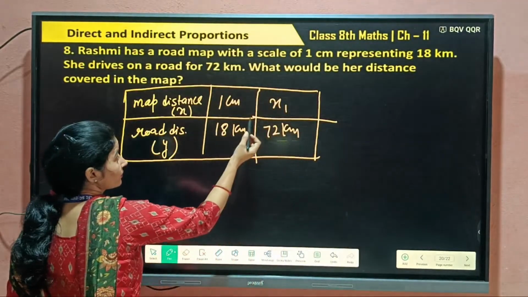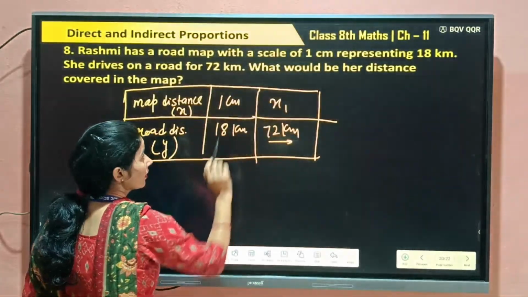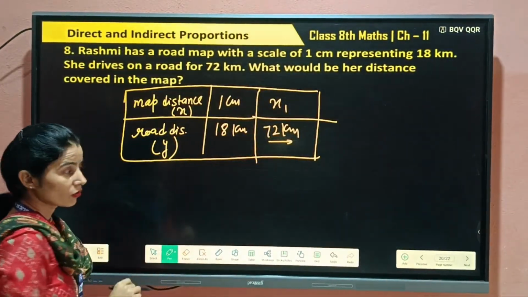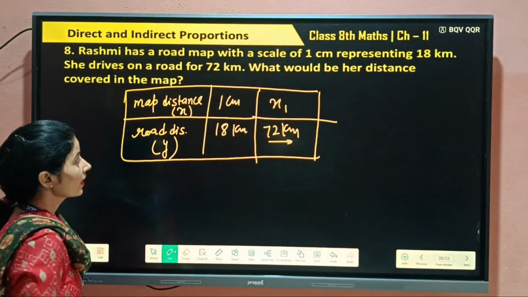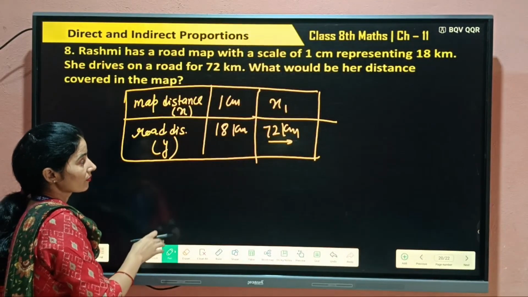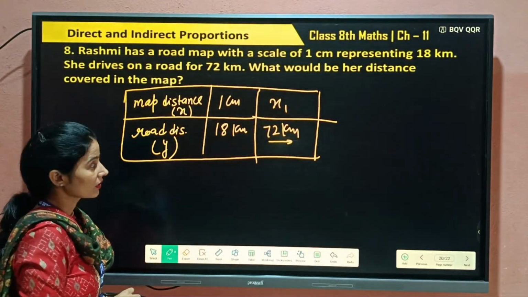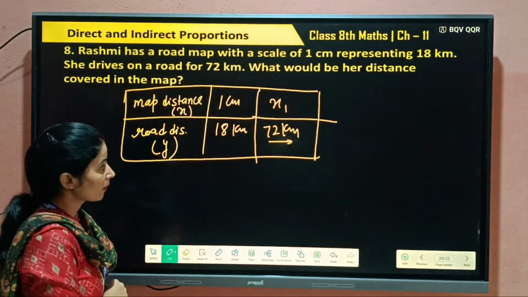As this distance will increase, the distance on the map will also increase, and as the distance between two places will decrease, the corresponding distance on the map will also decrease. So this is a case of direct proportion.